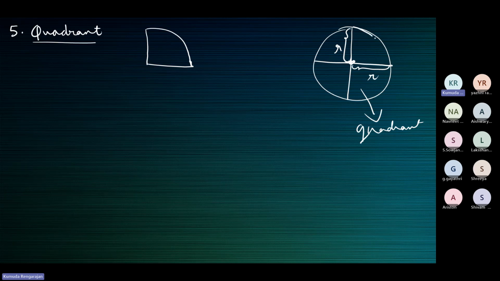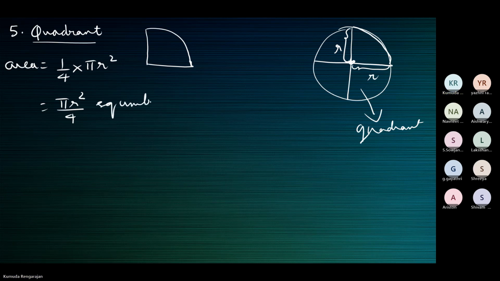And we have an arc here. Area is 1/4 into pi r square, or pi r square by 4 square units. Perimeter is what is important. Perimeter is equal to.